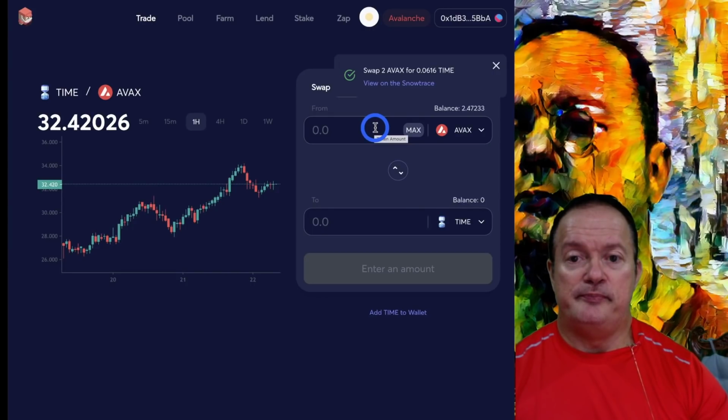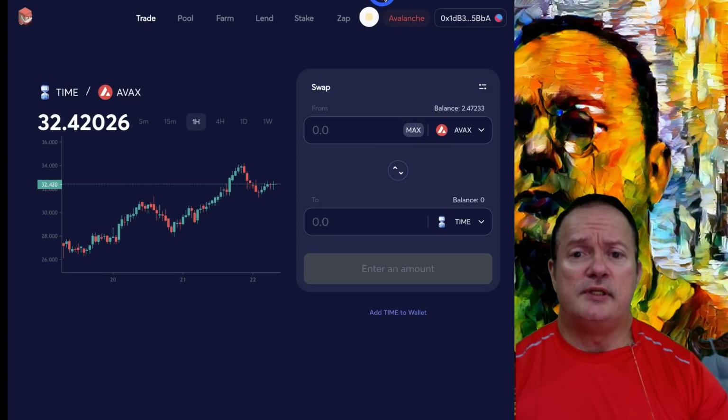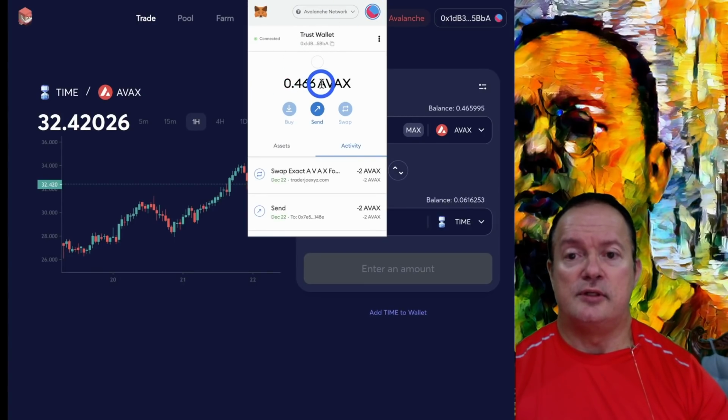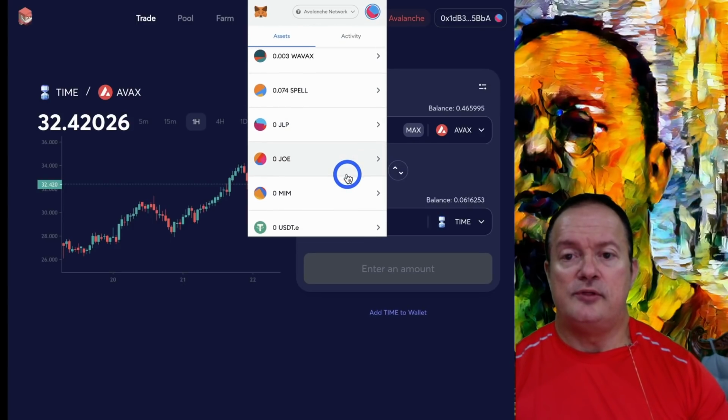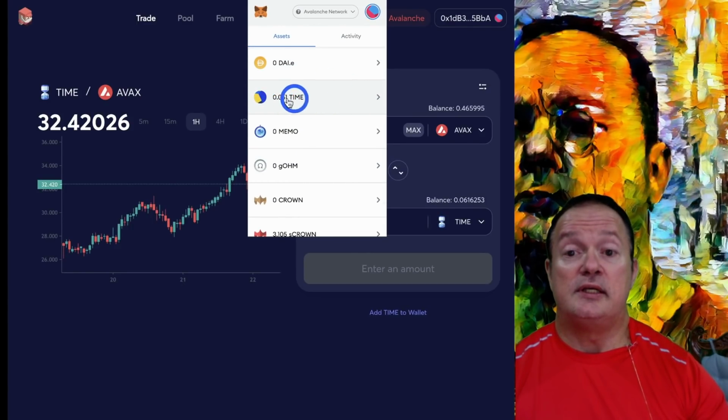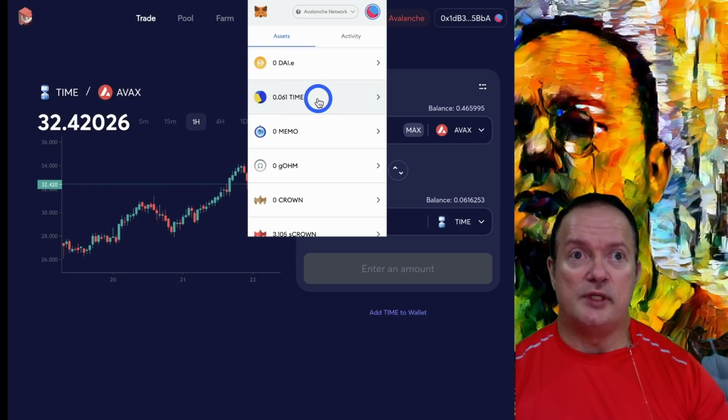Almost done. All right, so if we look in here, we should have, if MetaMask can cooperate. Okay, so our 2 AVAX tokens were taken. And if we look down, we should have a little bit of TIME, 0.061.